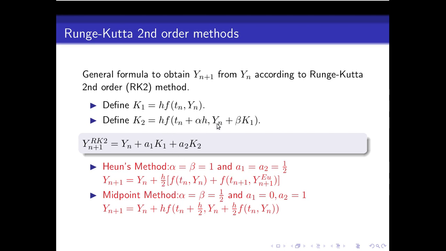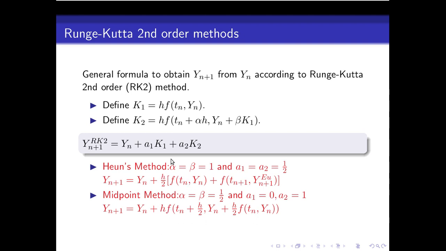Just put alpha and beta as 1 and a1 equal to a2 equal to half, and you see that this is nothing but Heun's formula. We will come to this point later again. And if you take alpha equal to beta equal to half, a1 equal to 0 and a2 equal to 1, you just recover the midpoint formula.